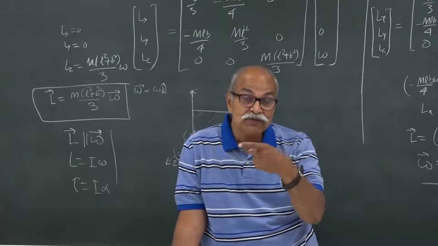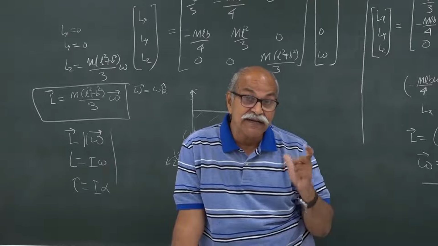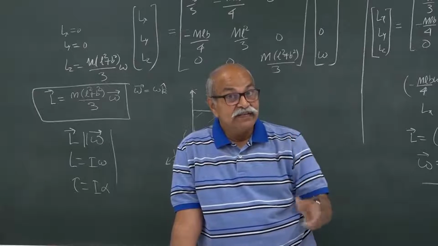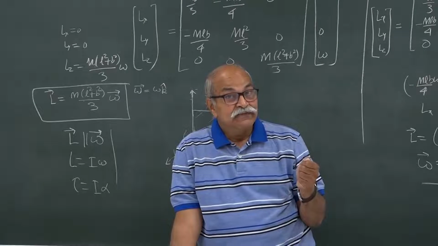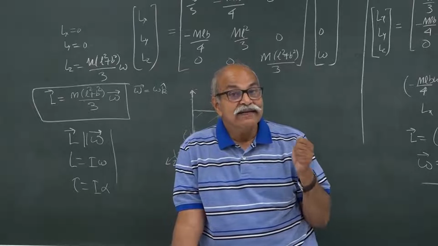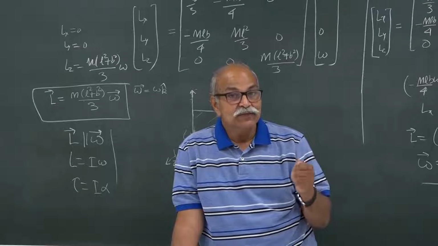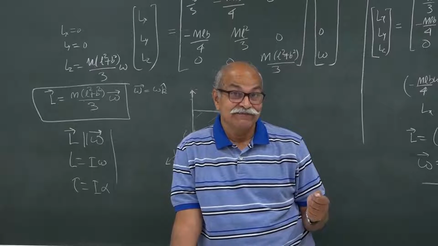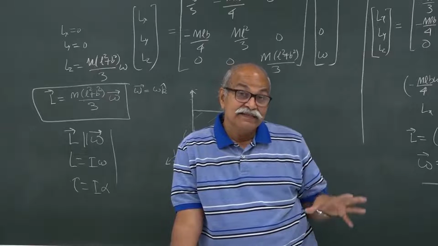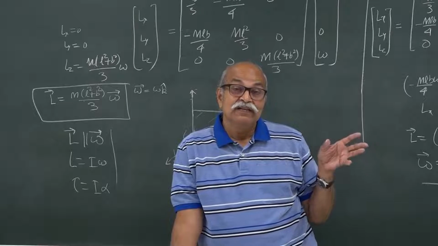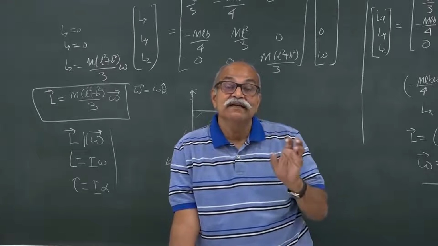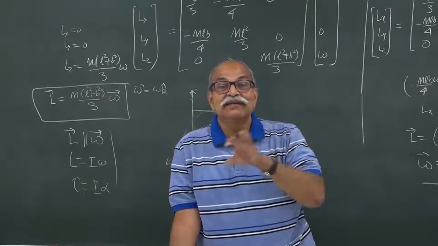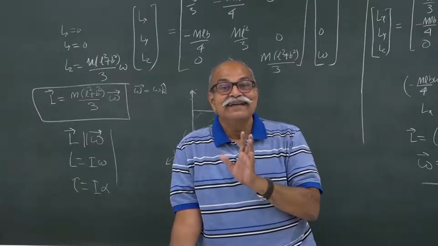So, if you use those 3 axes, very special directions in the rigid body, once the rigid body is given and the origin is given, then if you choose those directions as x, y, z axis, the moment of inertia tensor, that matrix, will not have product of inertia terms; those will be 0, only the diagonal terms will be there, Ixx, Iyy, Izz.